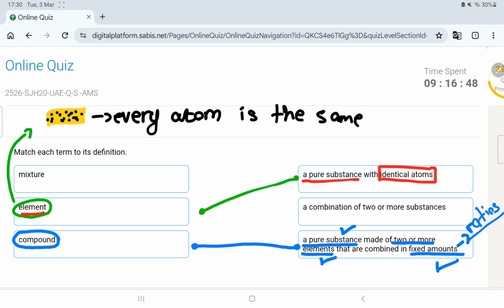Now we go to mixtures. What's a mixture? A combination of two or more substances, right? For example, I want to make a salad. I take the tomatoes, the lettuce, whatever you put, and then you put them together, right? So basically, it's just a combination of two or more substances, okay? So you can just take a look at it before I answer.